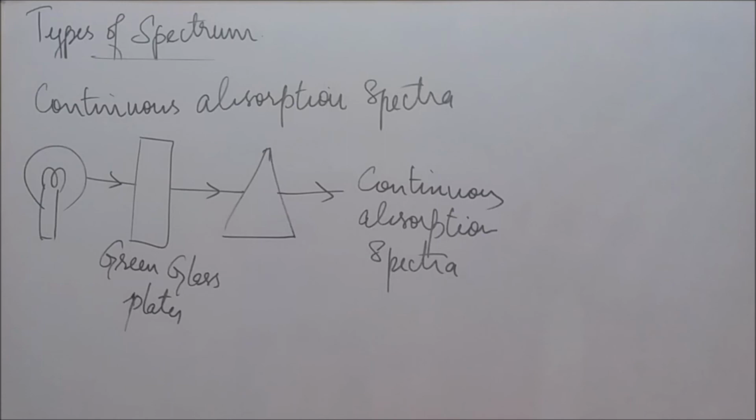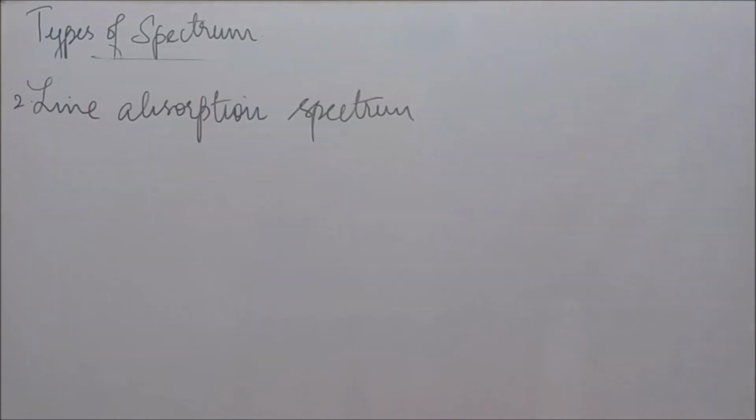The second one is line absorption spectrum. What is a line absorption spectrum? When light from an incandescent bulb or lamp is allowed to pass through a medium, here considered a cold gas, the spectrum obtained on dispersion by a prism is called line absorption spectrum.